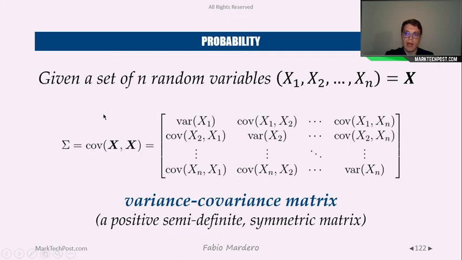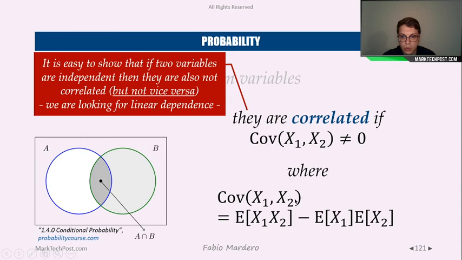Also, if we have a set of n random variables, we can compute the covariance for each couple, and this becomes a variance-covariance matrix. Why variance? Because here the covariance of x1, x1, through this definition, is exactly the variance.